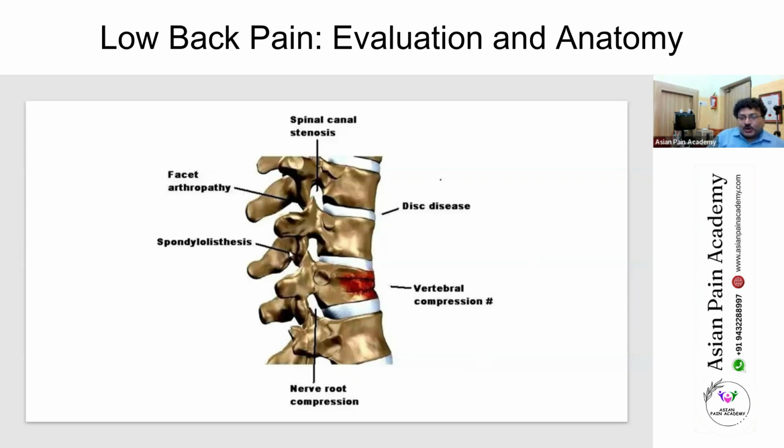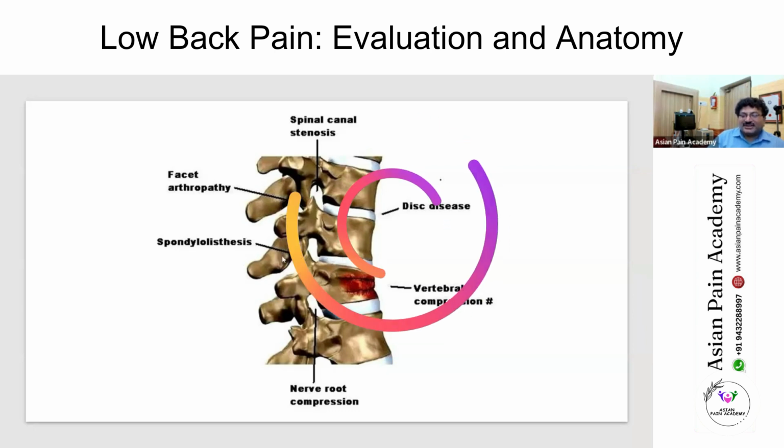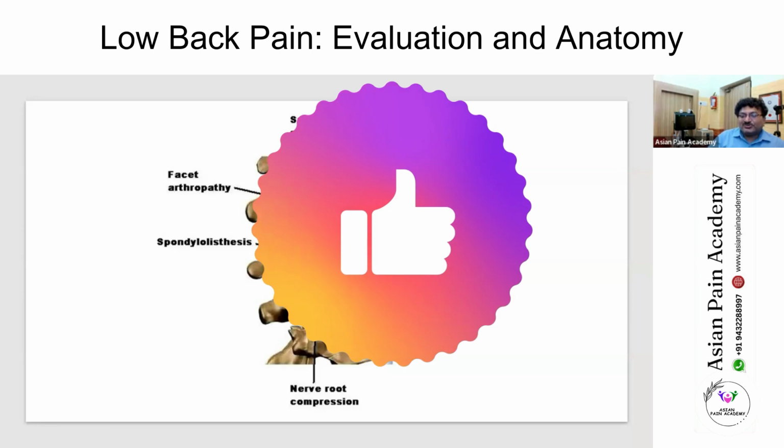Now coming to spondylolisthesis. What is spondylolisthesis? When one vertebral body is shifted anteriorly or posteriorly from its position with respect to the lower one, we call that anterolisthesis or posterolisthesis. And with anterolisthesis and posterolisthesis, things might happen.